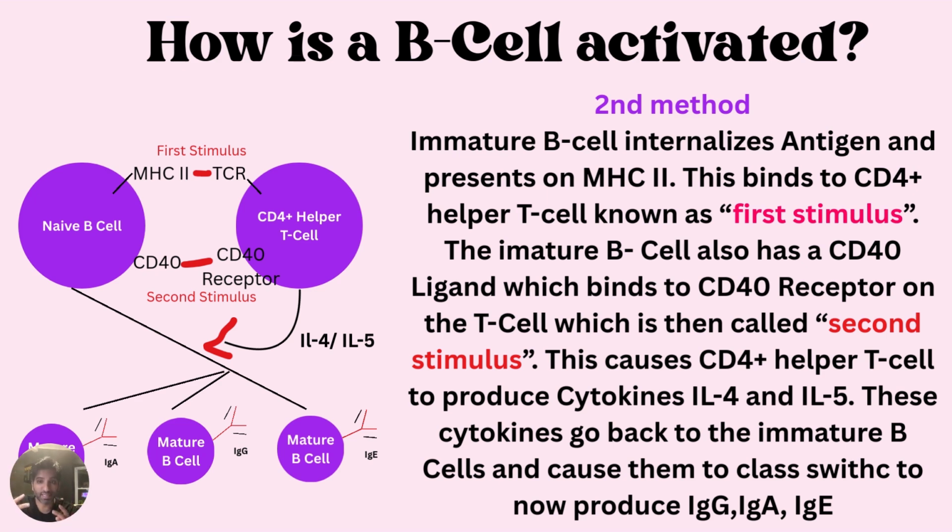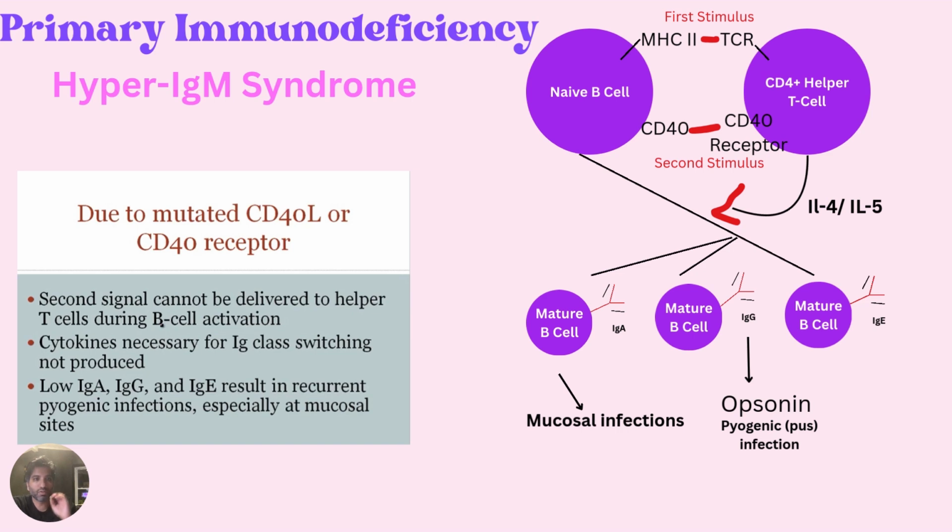That's the second stimulus. And the second stimulus we're going to come back to, that's the important one. Both of these stimuli combine and cause the CD4 helper T cell to produce interleukin 4 and interleukin 5, which then convert the naive B cell into a mature B cell that produces either IgA, IgG, or IgE.